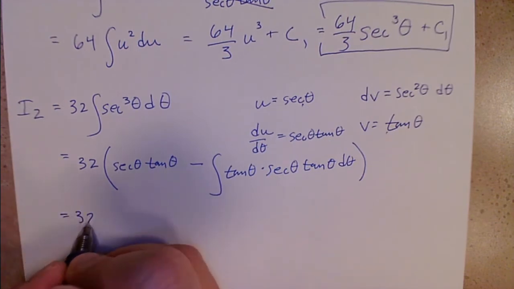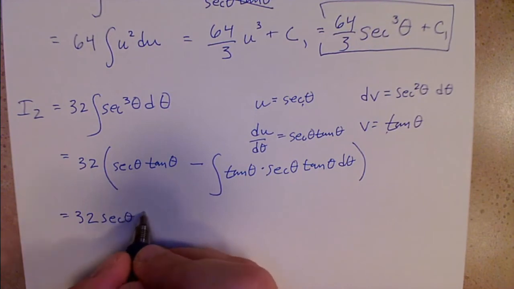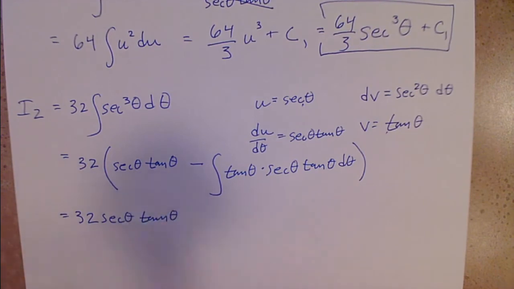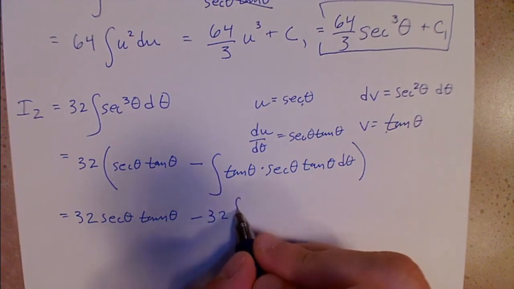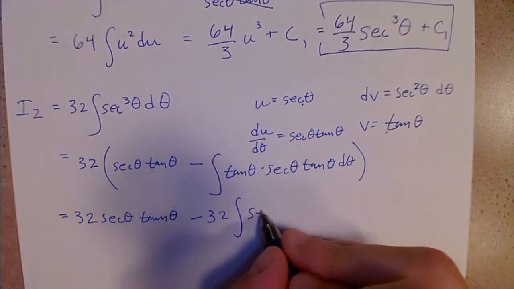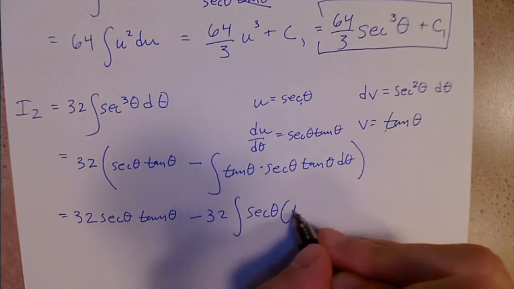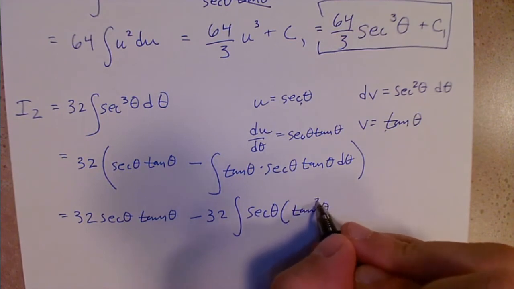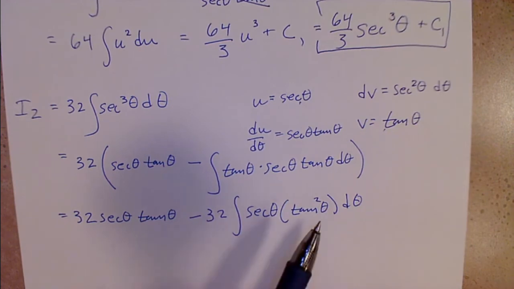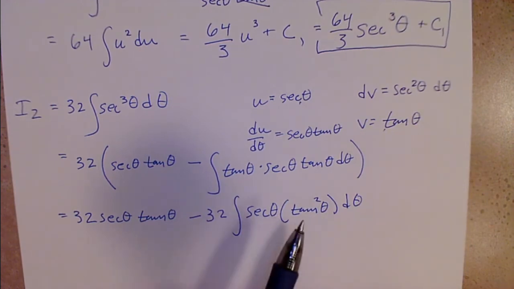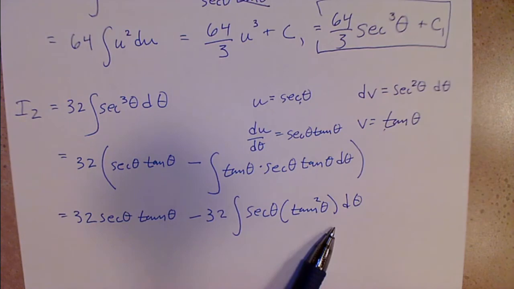We have 32 secant theta tangent theta minus 32 times the integral of secant theta times tangent squared theta d theta. Now you might be wondering how to handle this thing. Well, I'm going to use another trig sub, and I believe we already used it in this problem, as a matter of fact.